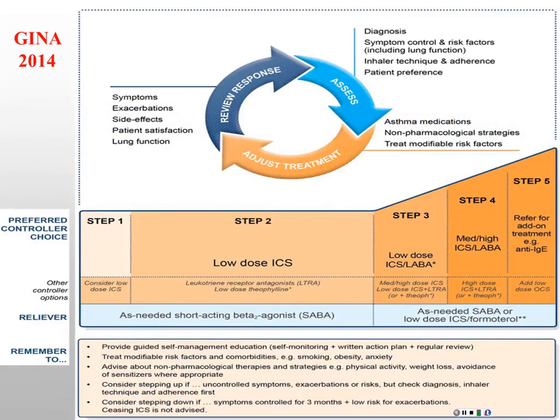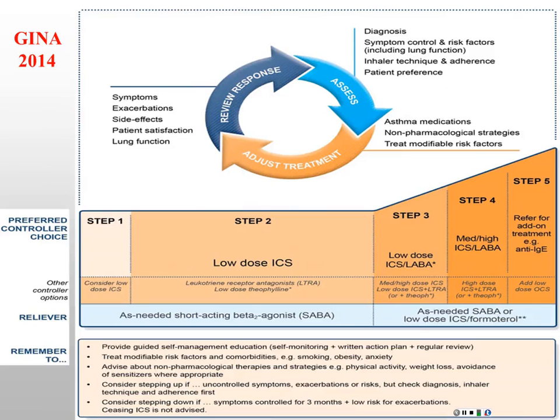So step 1, you can use a short-acting agent when needed. Step 2, you can add a low-dose inhaled corticosteroid. Step 3, you add a long-acting beta-agonist on top of the low-dose inhaled corticosteroids. Step 4, you increase your inhaled corticosteroid to medium to high, plus the LABA. And step 5, you can add other treatments like short courses of steroids or omalizumab, which is anti-IgE.